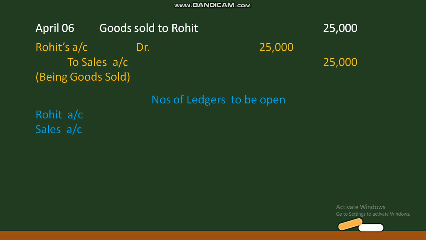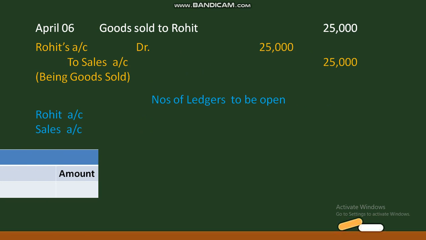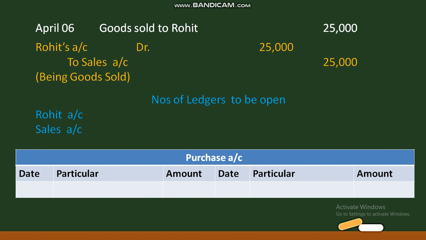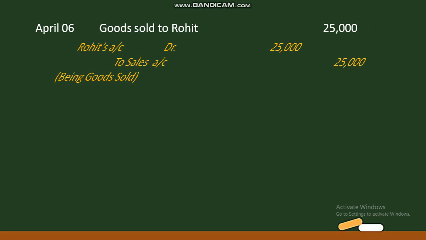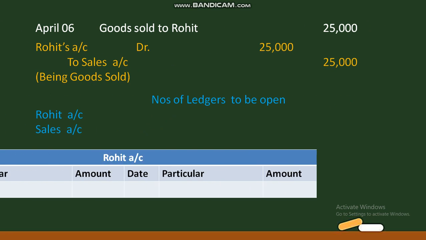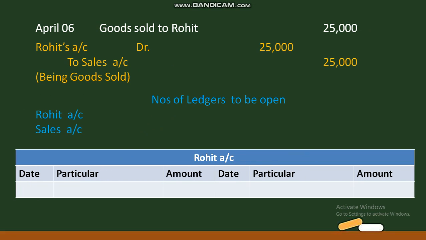Again here we have to prepare Rohit's account, and the second one is the sales account. So let's first prepare Rohit's account. Here you can see the same columns will be there: date, particulars, amount.